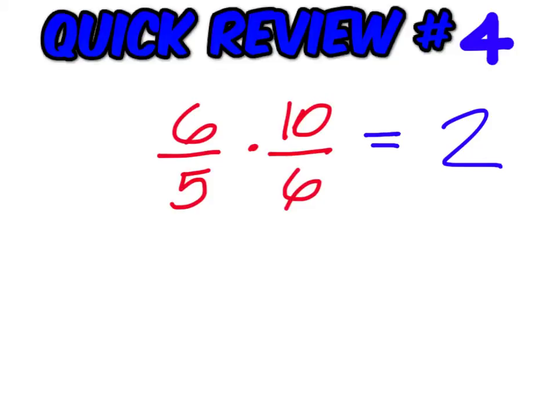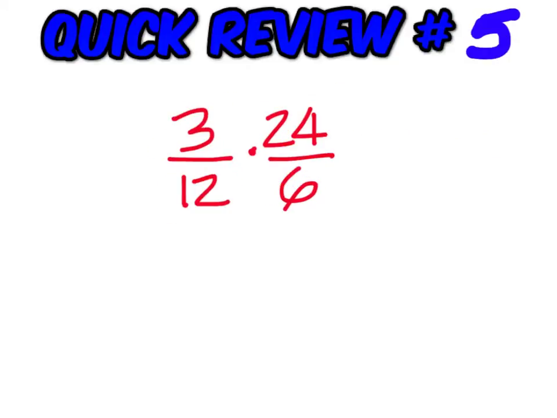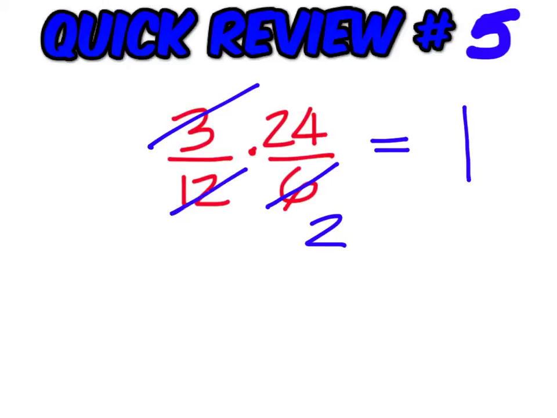Nothing over 1. These cancel out, and 10 over 5 is 2. 1, yes, that's right. These cancel out to a 2 on the bottom, and these cancel out to a 2 on the top, so 2 over 2 is just 1.